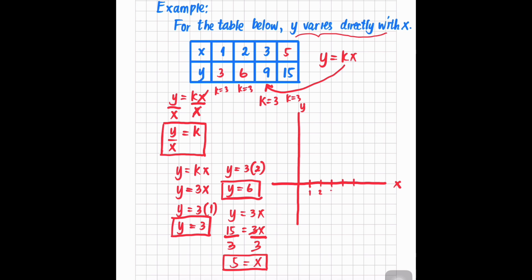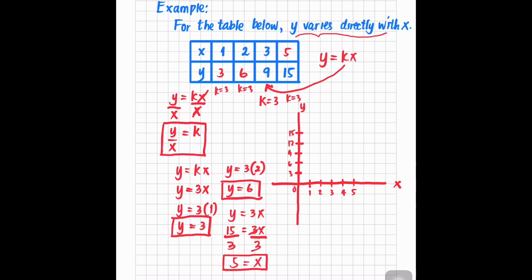So we can label that. And this is the origin, 0, 0. And for the y-axis, we can actually try writing with the interval of 3. So we start with 3, then 6, 9, 12, 15. So 3, 6, 9, 12, and 15.